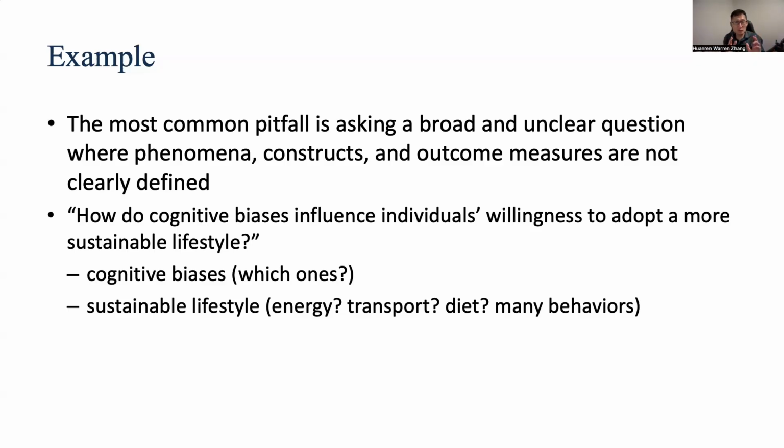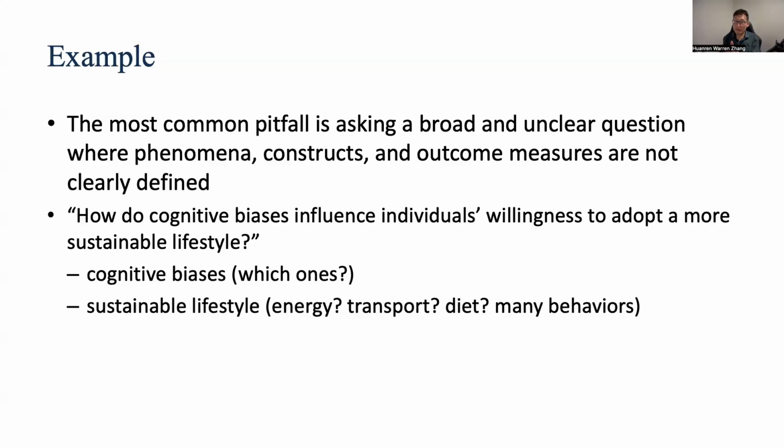Are you referring to energy related issue, transport so that you leave not too much footprint? Is related to diet? Just too many behaviors that can be included to sustainable lifestyle. In order to write a good research question, you need to be specific, to be clear, so that it is feasible for you to investigate this research question and finish it as a term paper.